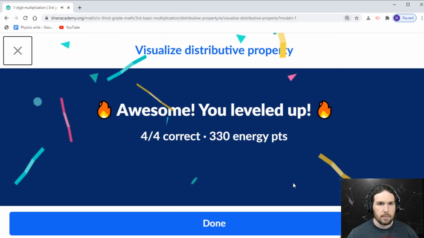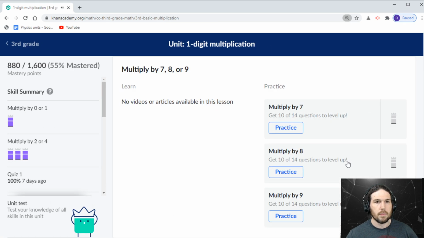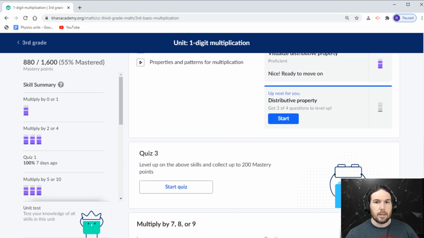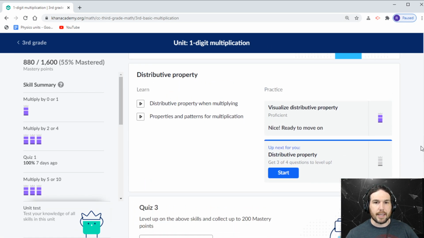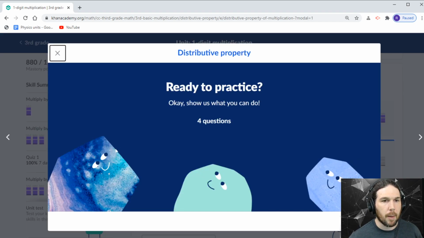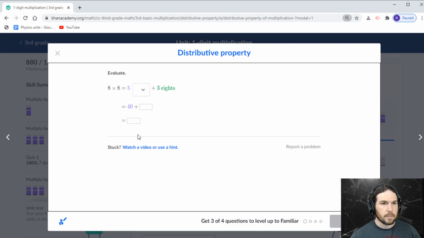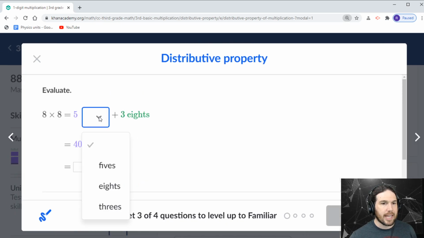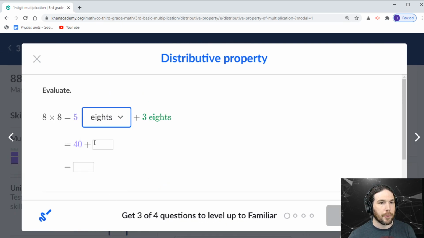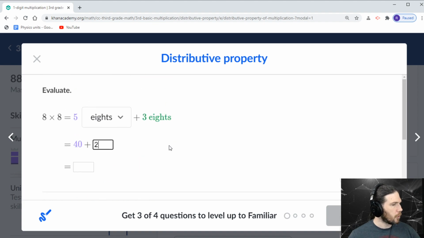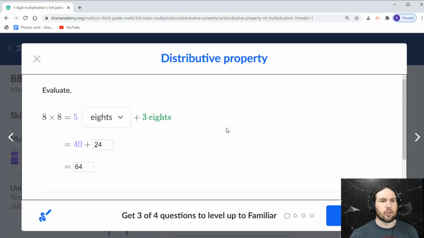All right. So let's see. We have more distributive property. 8 times 8 is 5 8s and 3 8s. 5 8s is 40. 3 8s is 24. So the total is 64. And I want to again stress the fact that this is not how I would do things.